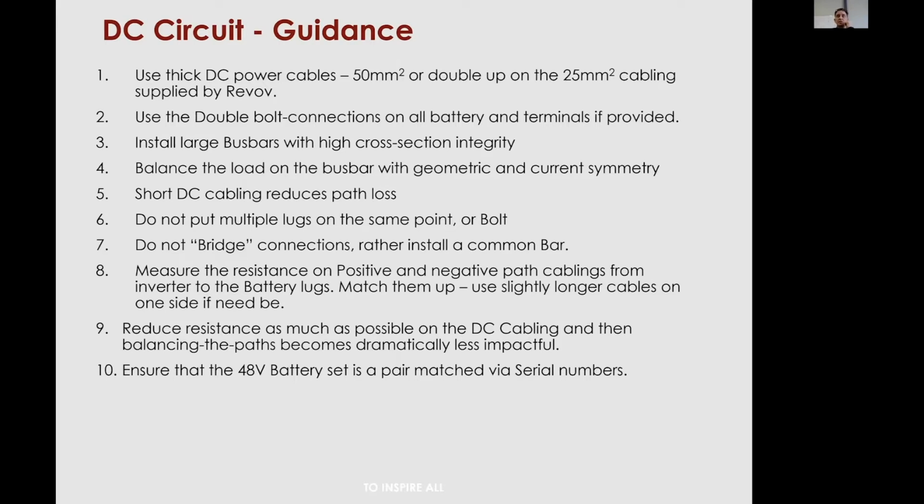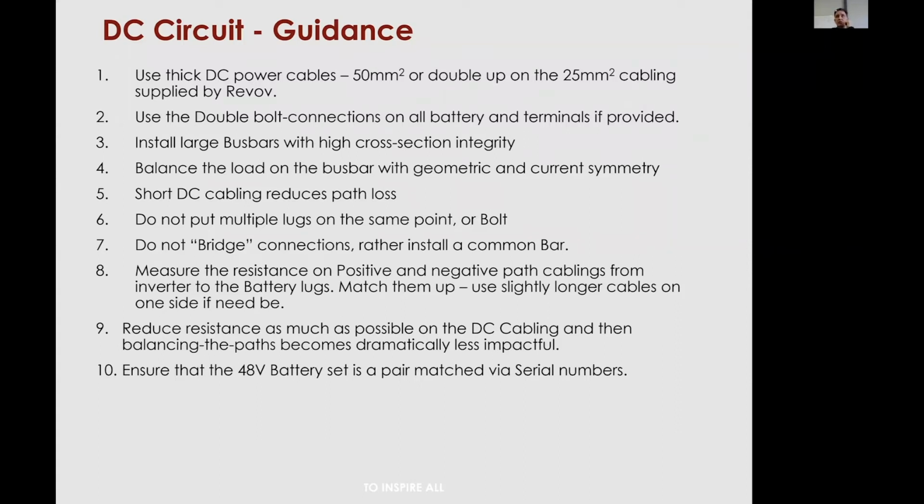And you should also try and do current symmetry. So you want to put the battery on one side, and then the solar charger on the other, and the inverter in the middle. So that way you ensure symmetry between the 3 systems that are, the solar charger, the inverter, and the battery.